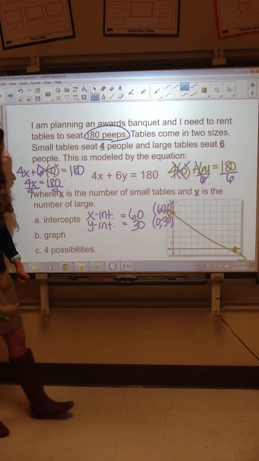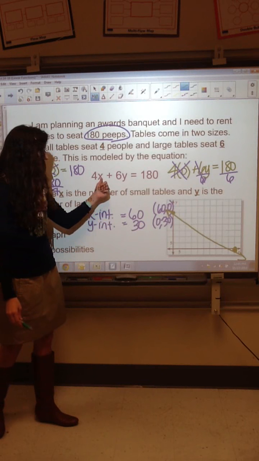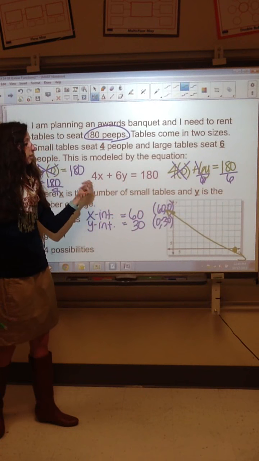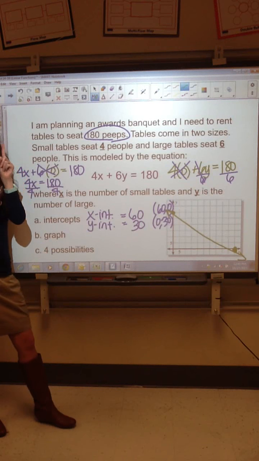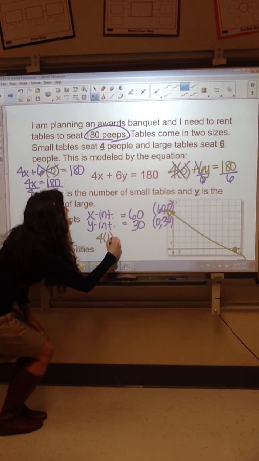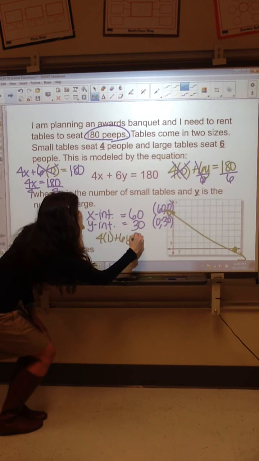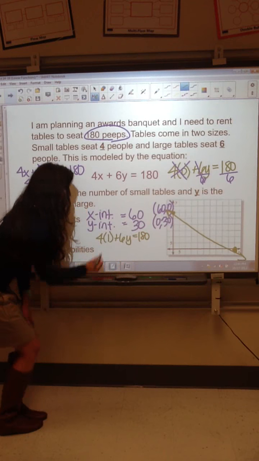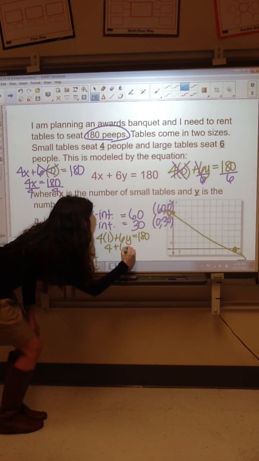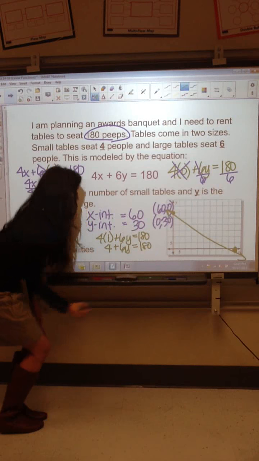Then it asks, what are 4 possibilities? That means whatever you pick for x, you're going to plug it in and solve for y. So what if I said, maybe we can have just one small table? So 4 times 1 plus 6y equals 180. 4 times 1 is just 4, plus 6y equals 180.